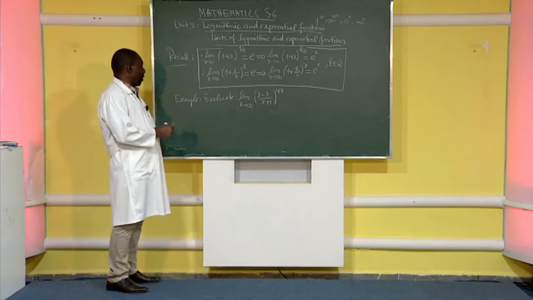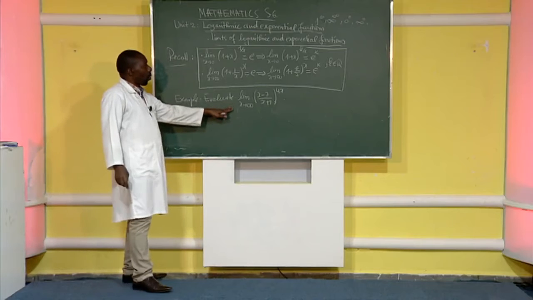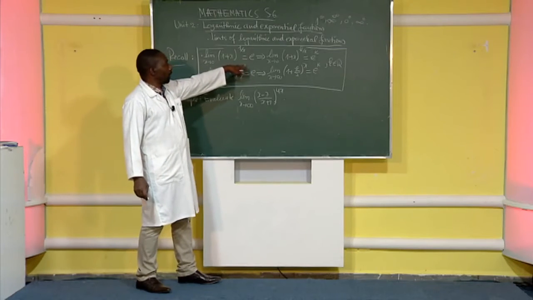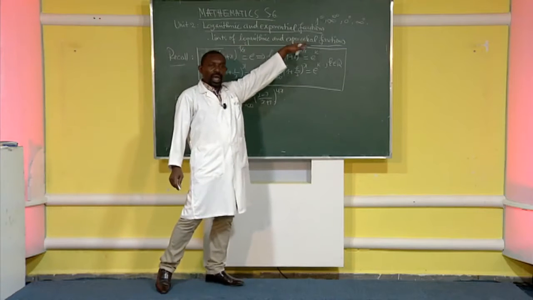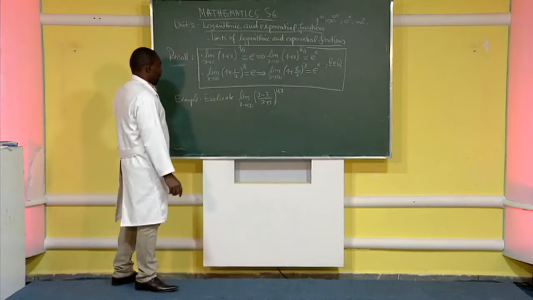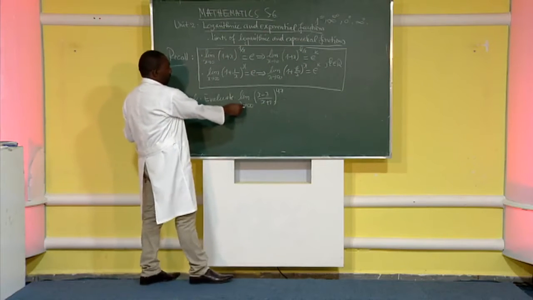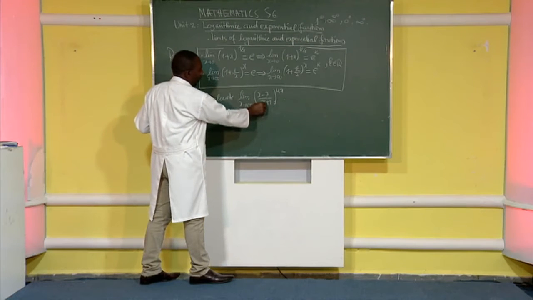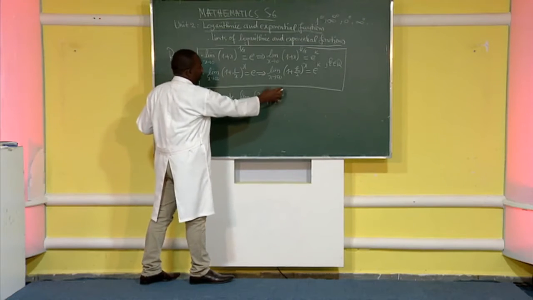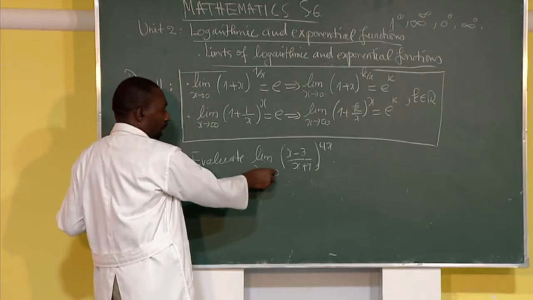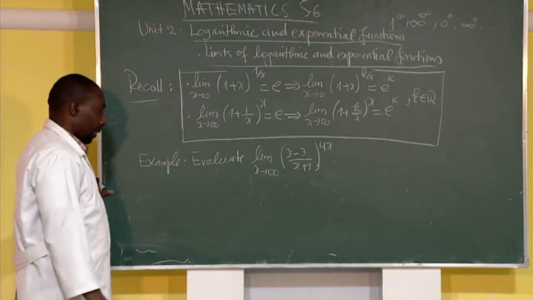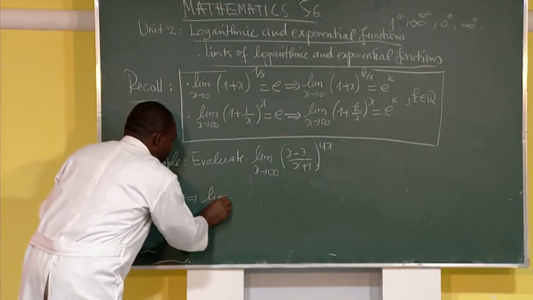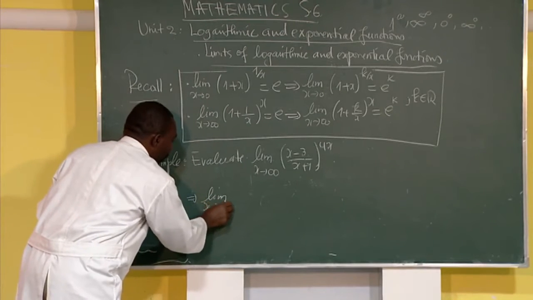Stop. Follow the example where we can use this kind of limit to remove those indeterminate forms. Evaluate the limit of (x minus 3) divided by (x plus 1), raised to the power 4x, as x approaches infinity.